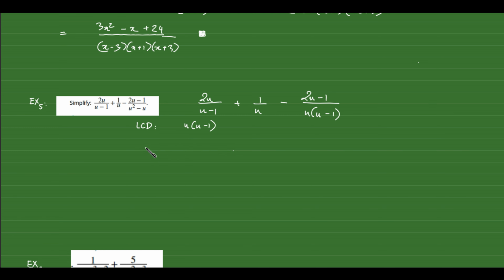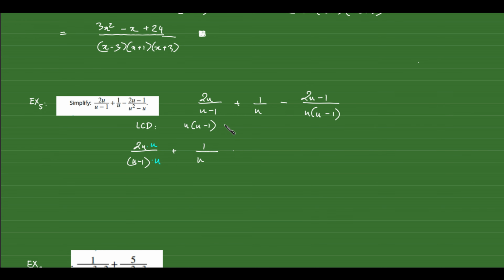If we compare, the first fraction is missing the u, right? Because on the bottom they have u minus 1, but they don't have u. So we're going to multiply the top and the bottom by u. For the second fraction, they have u, but they don't have u minus 1.